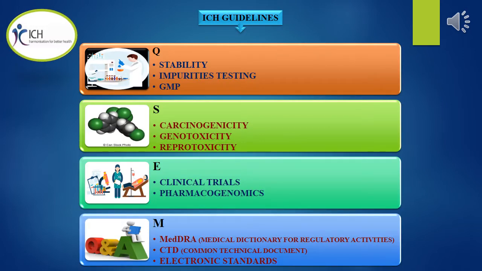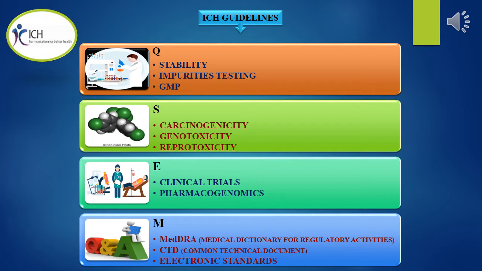Next, coming to QSEM guidelines. What are QSEM guidelines? Those are nothing but ICH guidelines. Q represents quality, S for safety, E for efficacy, M for multidisciplinary. Q gives guidelines for stability, impurities testing and GMP, whereas safety gives guidelines for carcinogenicity, genotoxicity and reprotoxicity.